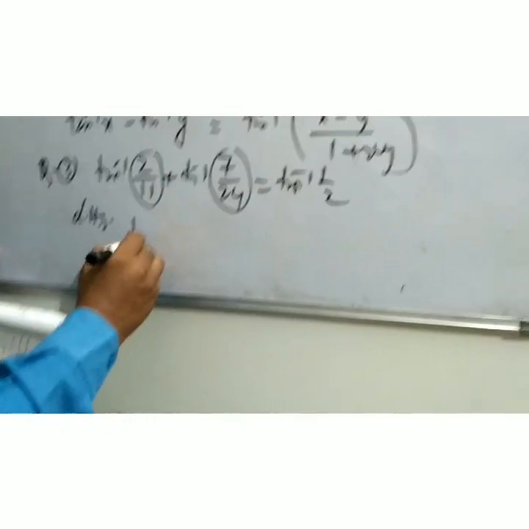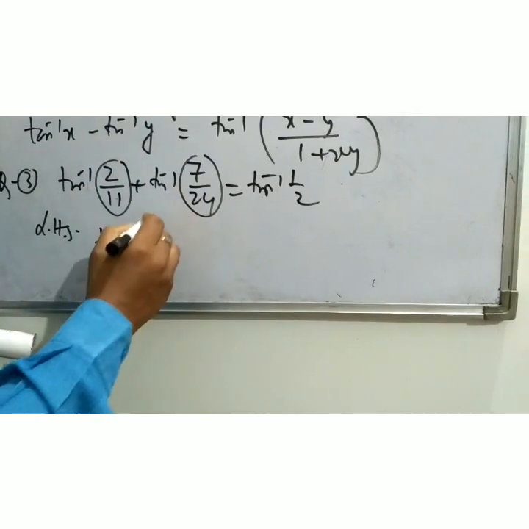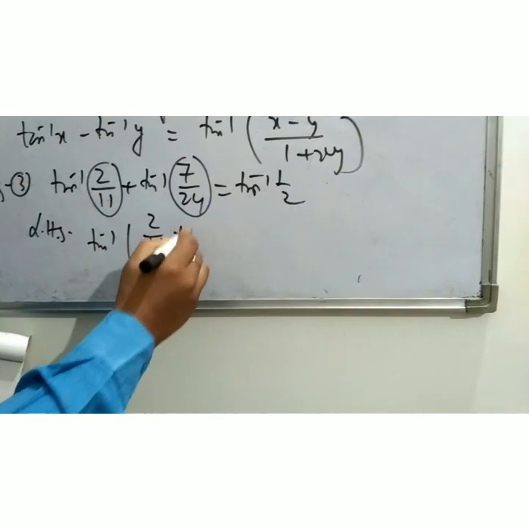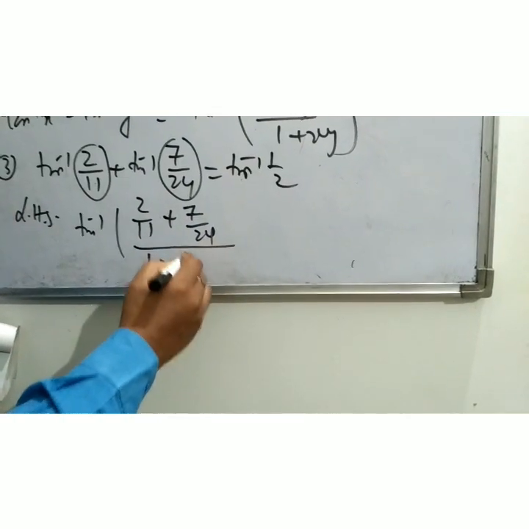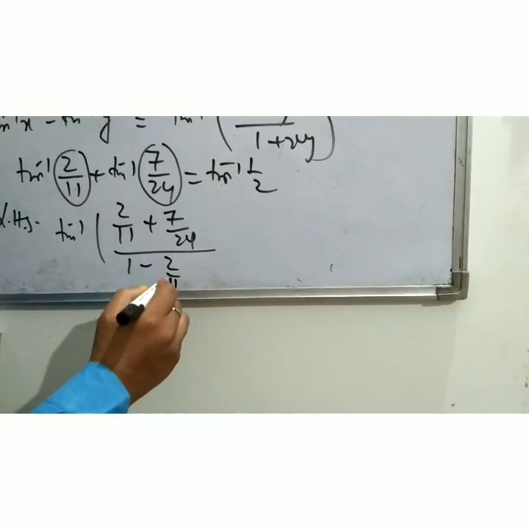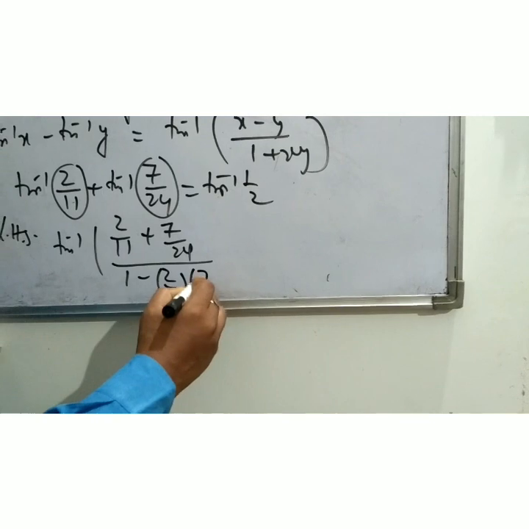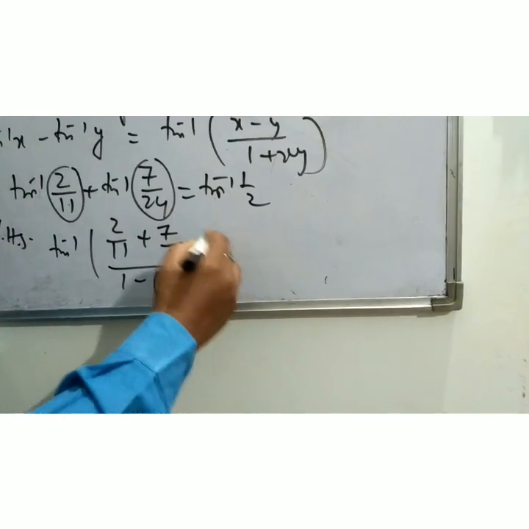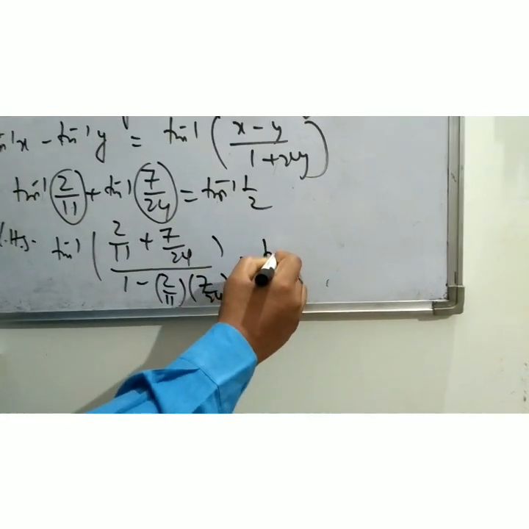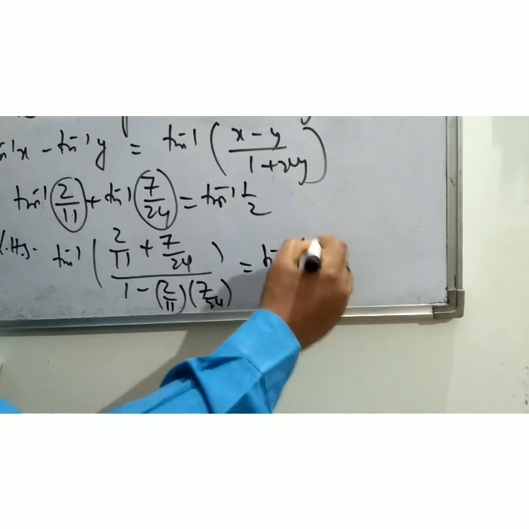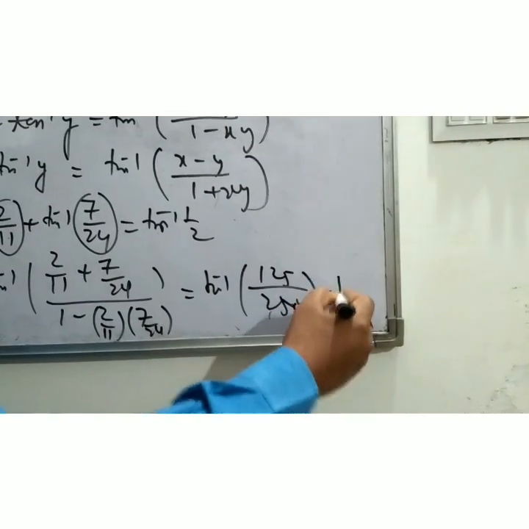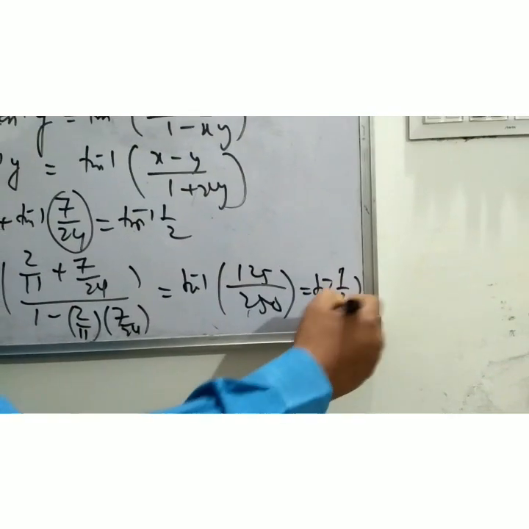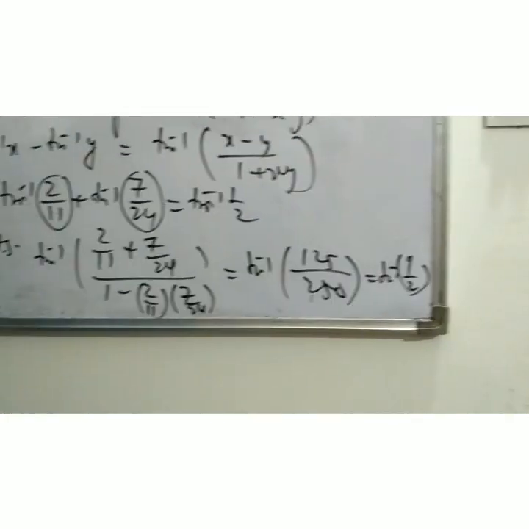According to the formula, tan inverse of (x plus y) upon (1 minus xy), so (2/11 plus 7/24) upon (1 minus 2/11 into 7/24). Then after solving it, you will get 125/250, that is equal to tan inverse 1/2.